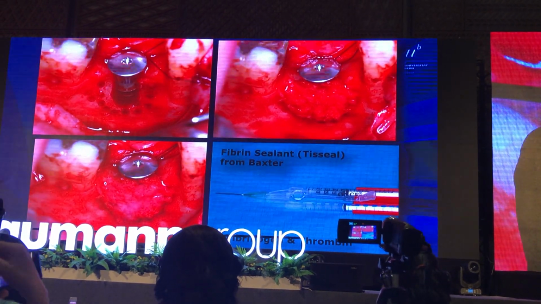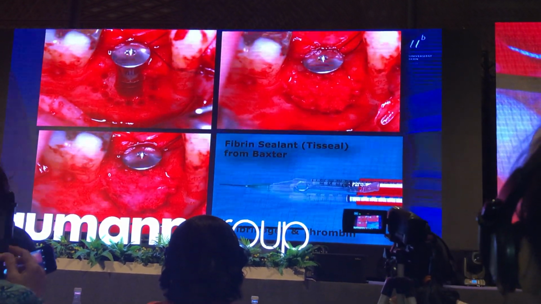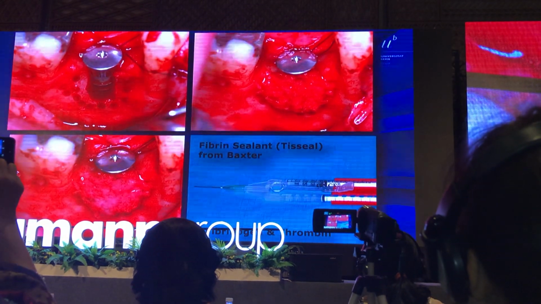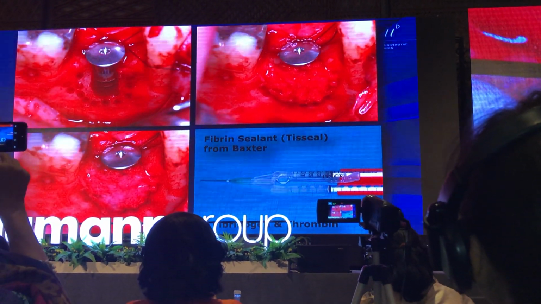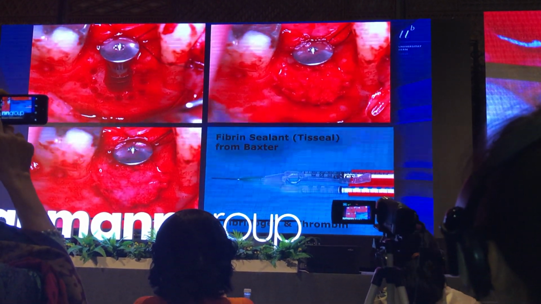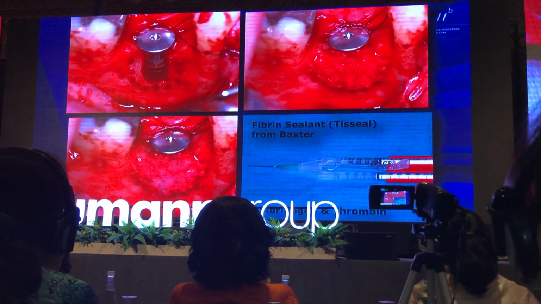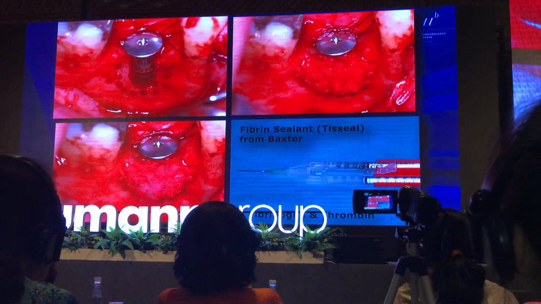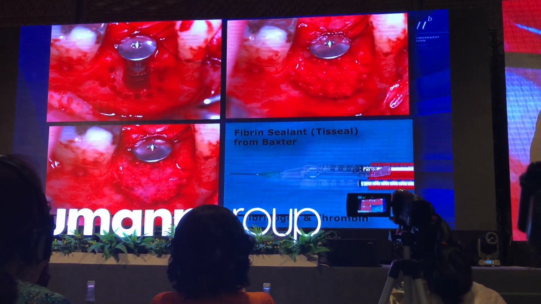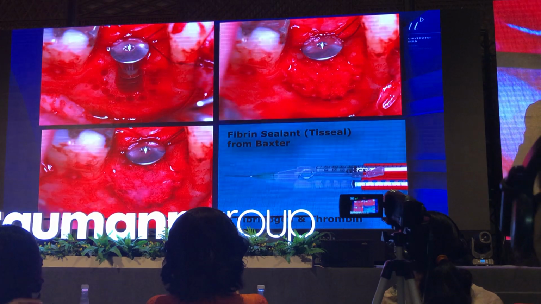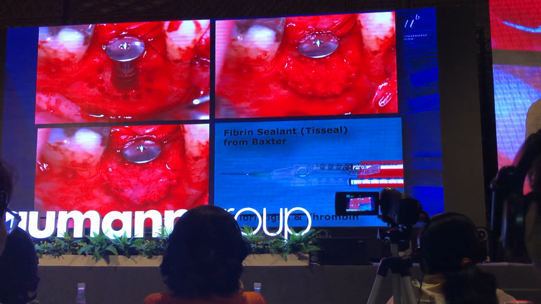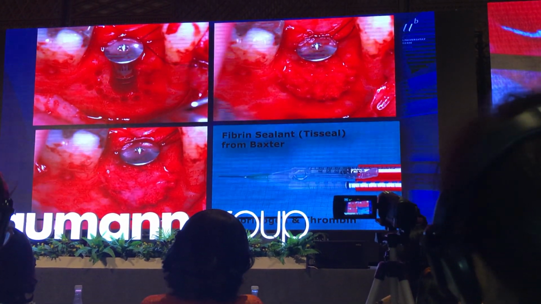I have known this product for 35 years. When I was a postdoc, we used it in extraction sites when patients had an anticoagulation problem, patients without any of the blood factors you see for coagulation. Then we use this product. It immediately coagulates. So, boom, it stabilizes.